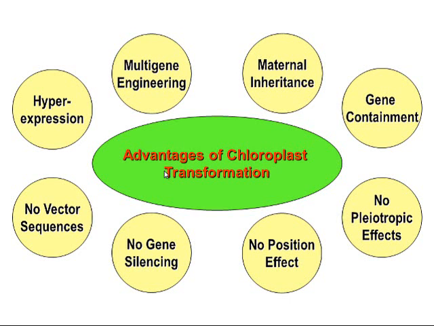So this leads to a large number of advantages for chloroplast transformation. I'll take them from the left. Hyperexpression. The most expression you're going to see for a protein via nuclear transformation is about 0.1% of soluble leaf protein.